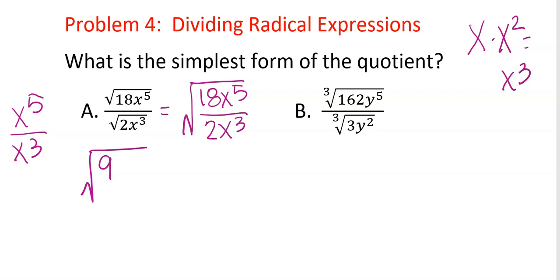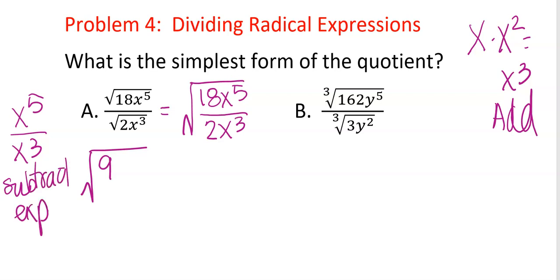When you multiply numbers with the same base, you add their exponents. When you divide numbers, I'm going to say subtract over here. You subtract their exponents, so you get the square root of, I'm going to make this a little bit different, 9x to the 2.